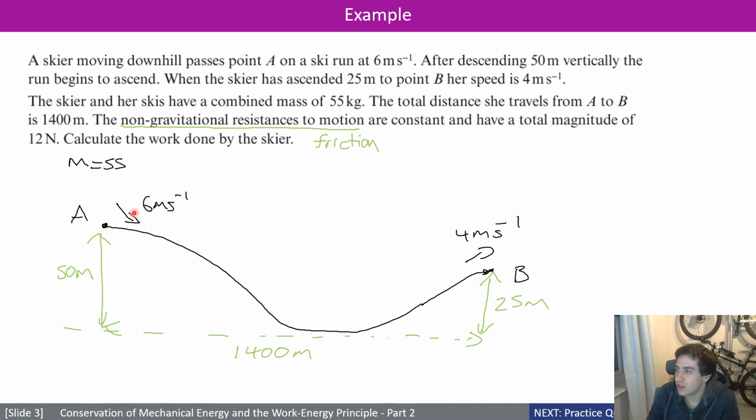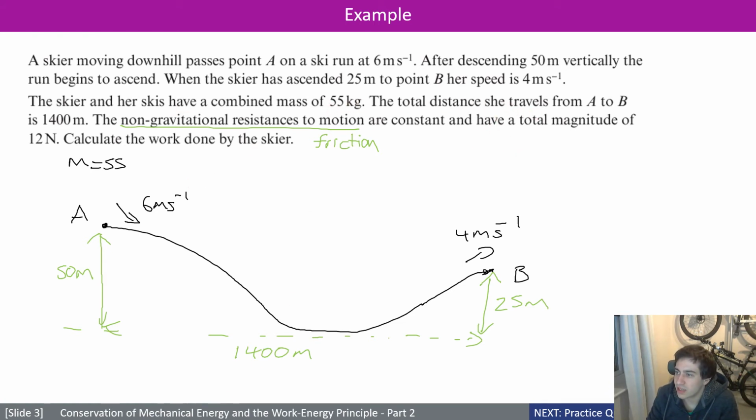What matters is the change. You've gone from a height of 50 to 25. You've gone from a speed of 6 to 4, and you've travelled a total of 1400 meters. Okay. In fact, actually, I've labelled this badly.